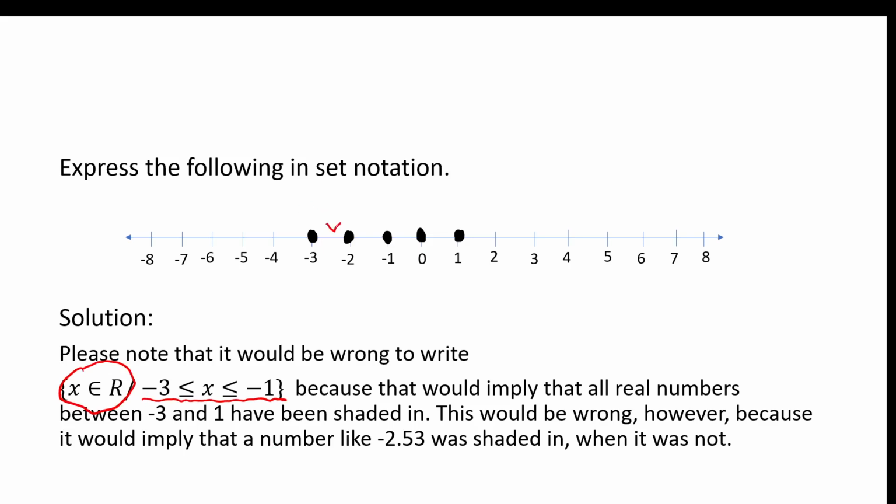Well, it would be wrong because if we wrote x as an element of the reals, we would be including, for instance, the number -2.5 or the number 0.2. These numbers that I've indicated in red satisfy this condition, but they're clearly not shaded in. We don't want to include them. So to write what you see here that I've circled in red would actually be incorrect.